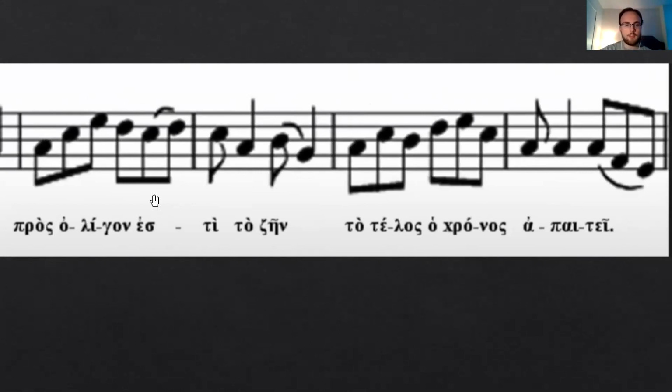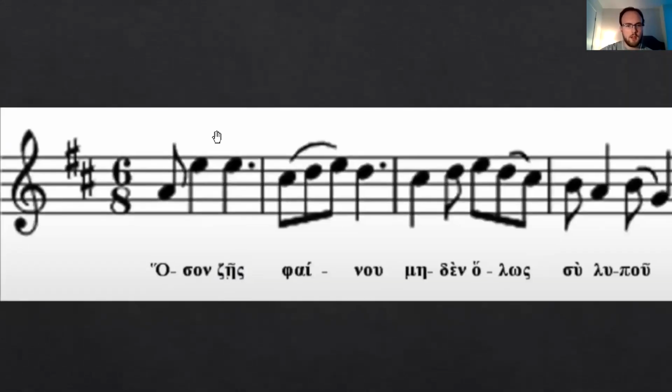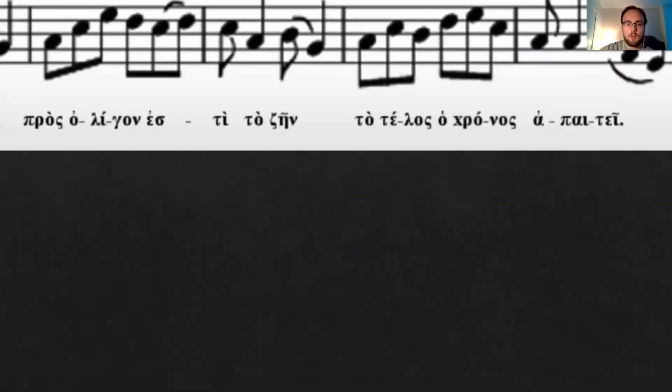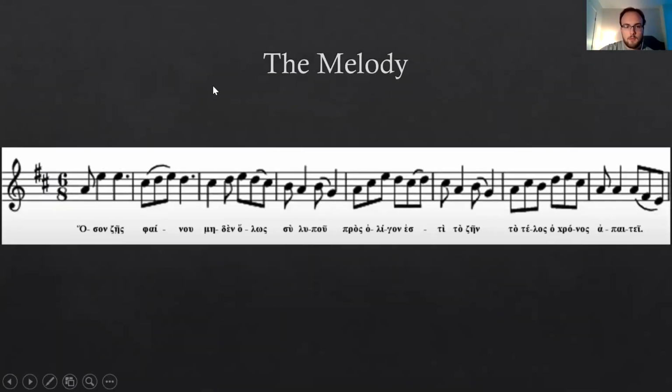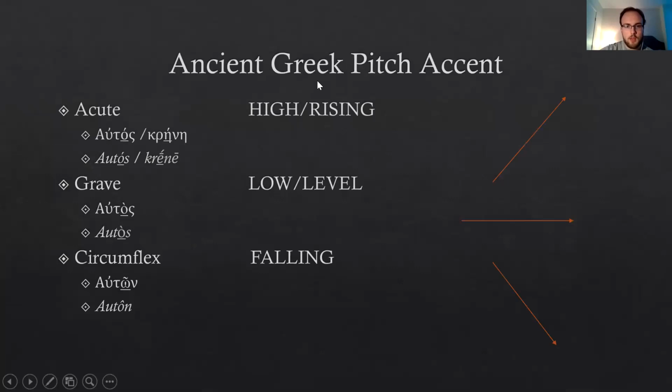In every case except one in the beginning, where we don't really see that for the circumflex, the preponderance of the evidence in this staff notation lets us make the insight that the circumflex accent in ancient Greek started high and then went low. We would call this in modern linguistics a falling accent.